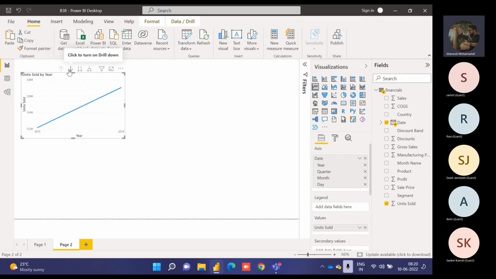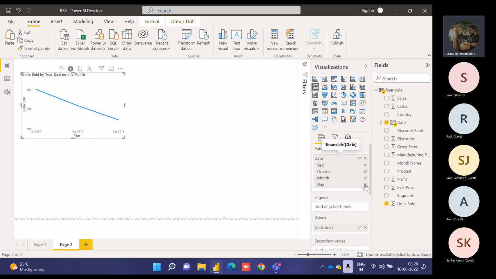So let's go to the next one, which says click to turn on drill down. What this icon will do is, if you enable it, you won't see any change in the visualization. But after enabling it, if you click on a pointer like this, it will go to the next level, which is quarter. If you click on any one, again, it will then go to the month level.